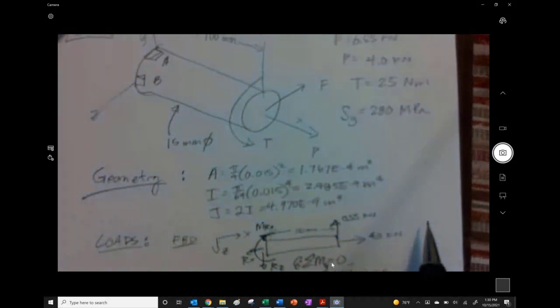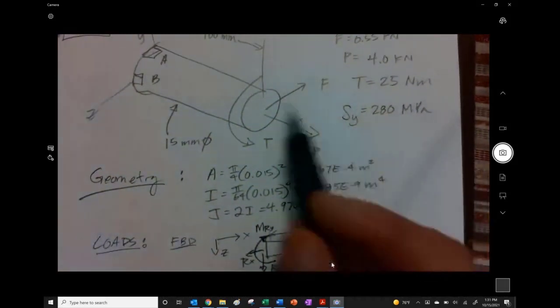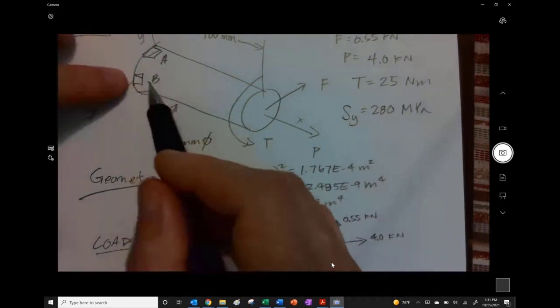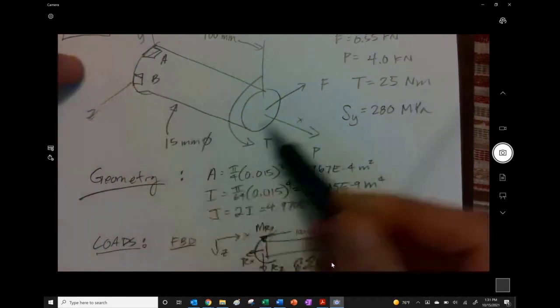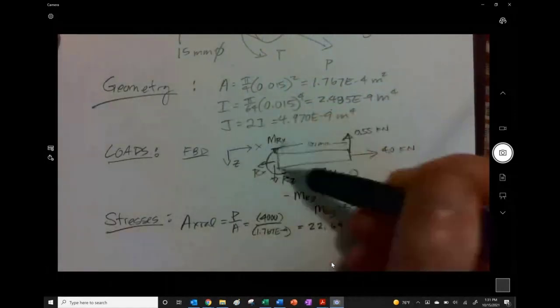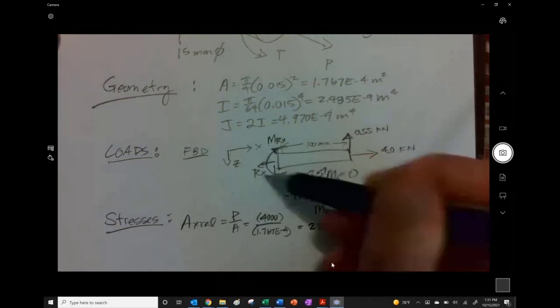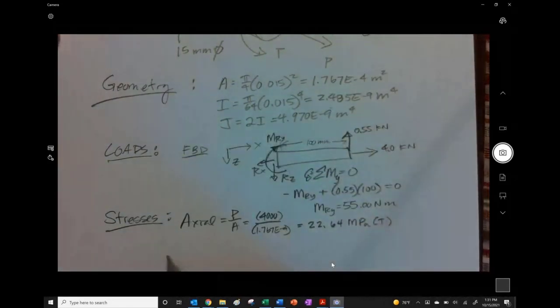And is that tension or compression? Tension. Yeah, you can even just see the things pulling apart because of that force right there. Or the same thing from this moment right here, right? From this reaction moment, that reaction moment's pulling at that point right there. So that comes tension, sure.